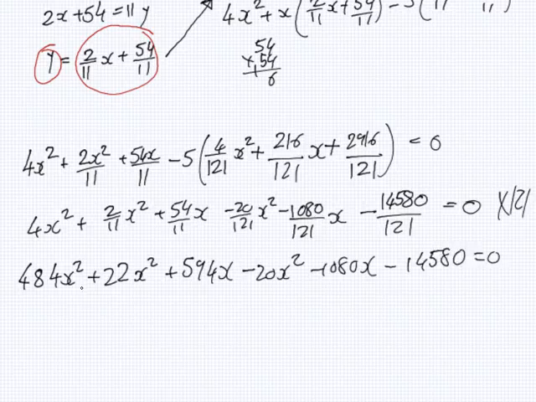Right, how many x squareds do I have? 486 x squared.